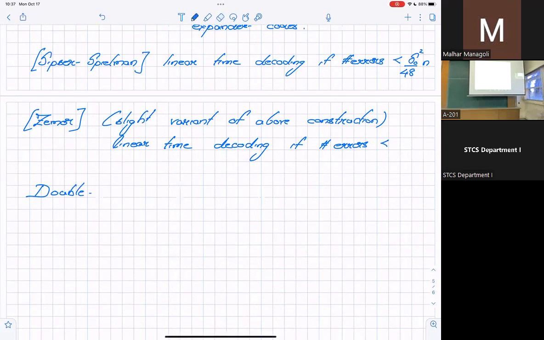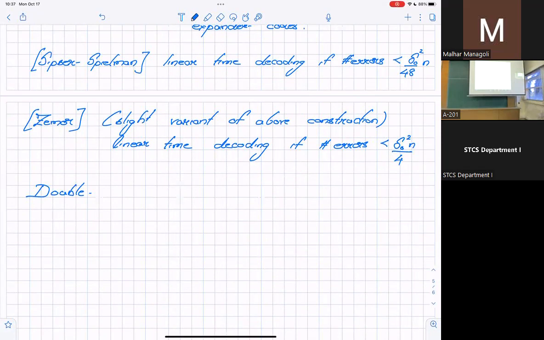N is always the block length, which is not the number of vertices, it's the number of edges, the one where the code is sitting.